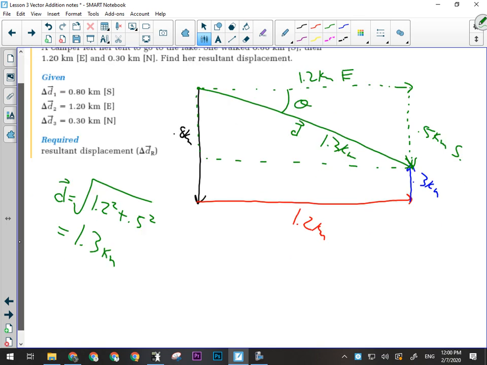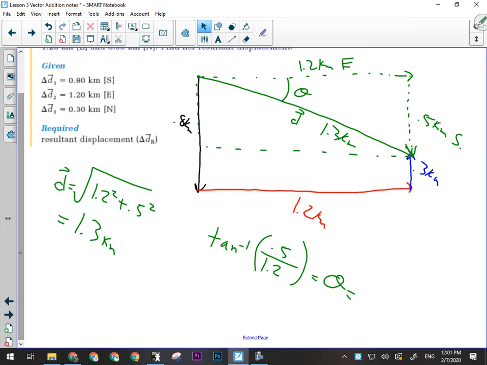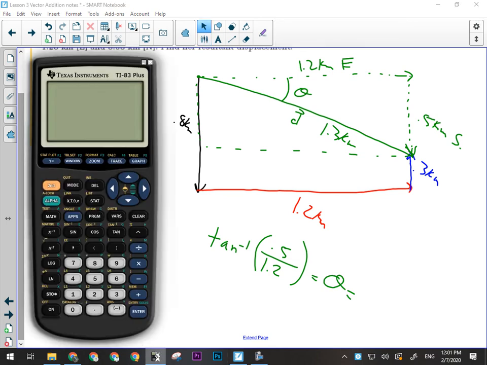Okay? So I'm going to find my angle by going tan to the minus 1 of the opposite side, which for me is 0.5, over the adjacent side, 1.2. And that's going to give me theta. Okay, of 0.5 divided by 1.2.